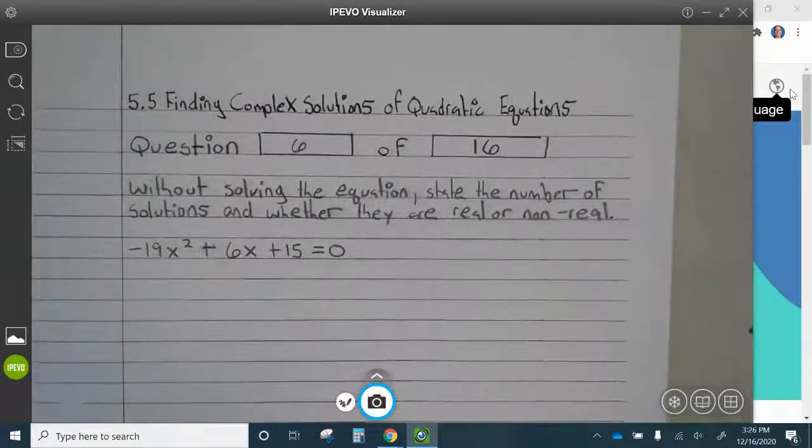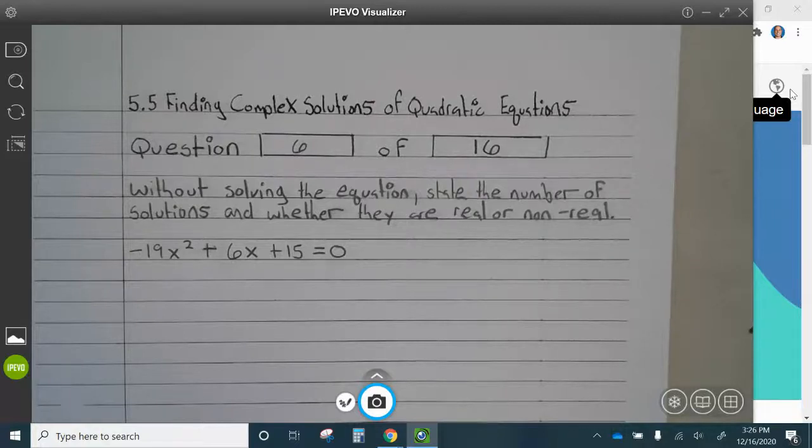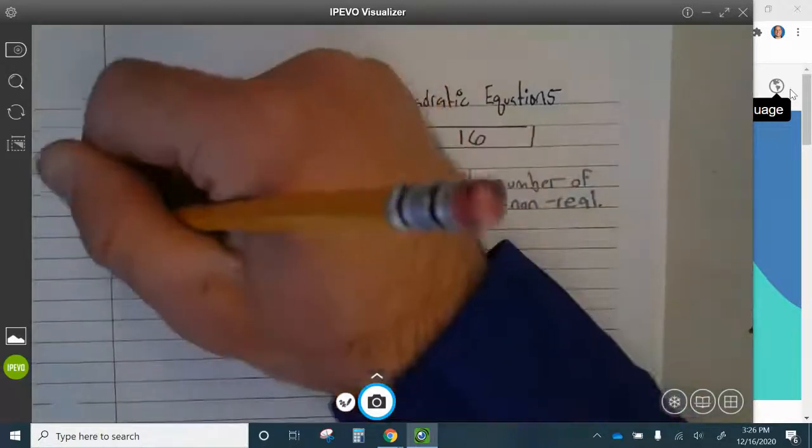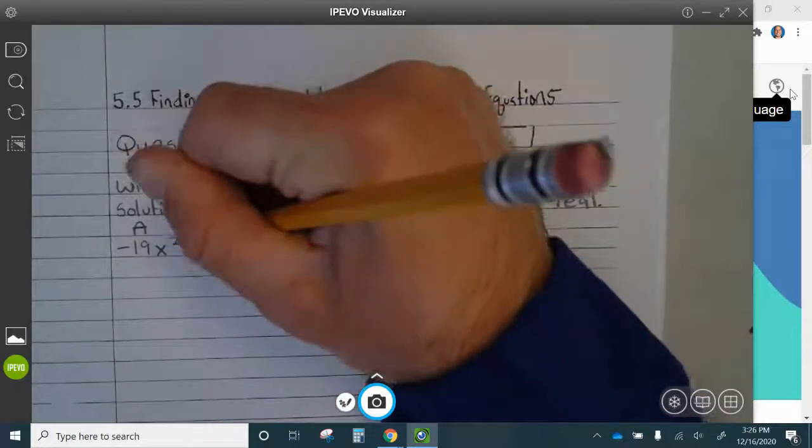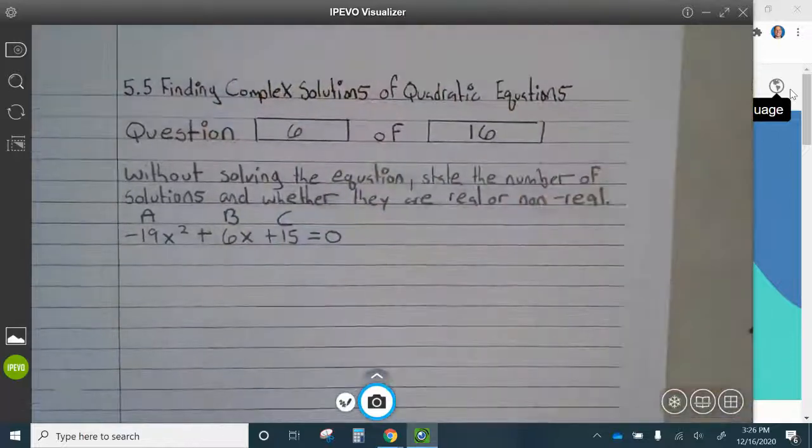All right, question 6 of 16. Without solving the equation, state the number of solutions and whether they are real or non-real. Okay. All right, so what we need to do is use the discriminant. So this is a, this is b, this is c.